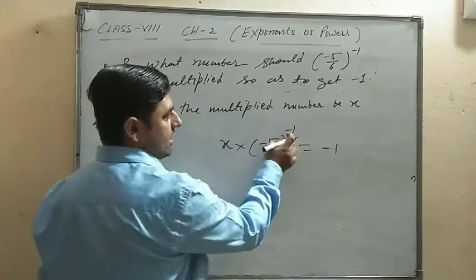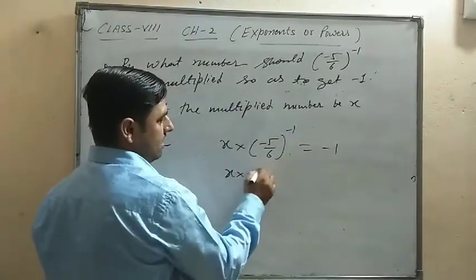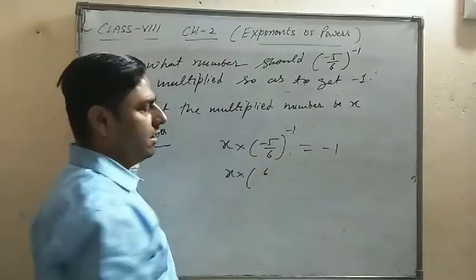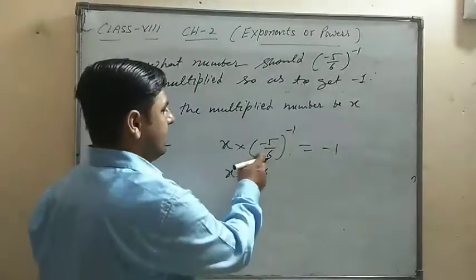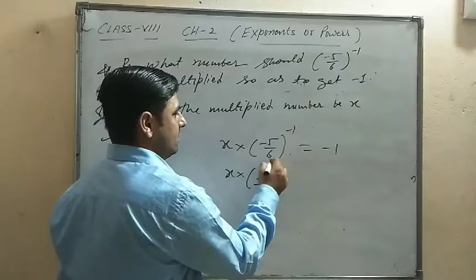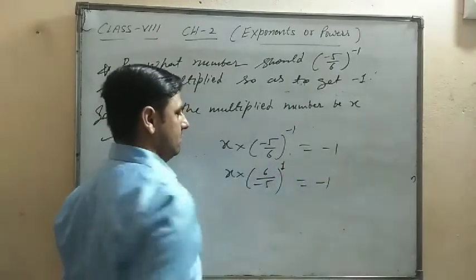So we will make the exponent positive. How is it possible? 6 can be written as the numerator and minus 5 as the denominator, so then the power will be positive.